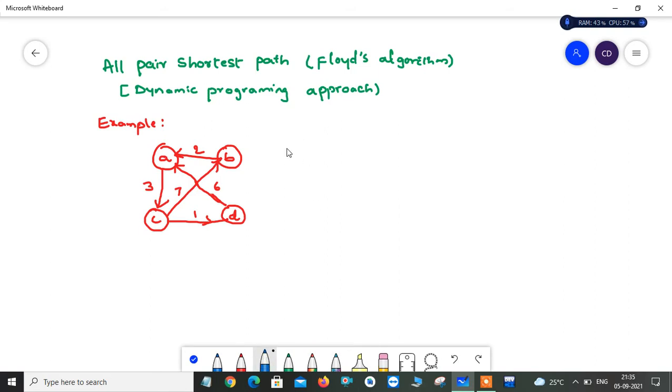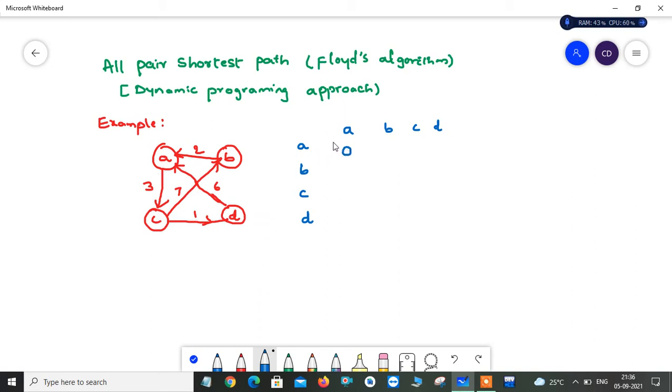First of all, we write down the vertices A, B, C, D and A, B, C, D. Now we have to find whether there is an edge from A to B, or A to C, or A to D, or A to A. Remember, for a particular vertex, the distance from that vertex to itself is always 0.